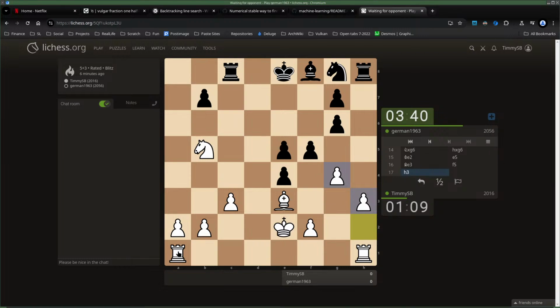Yeah, it's gonna take. Of course he's gonna take. That's a pretty bad rook. Oh, he's not taking.